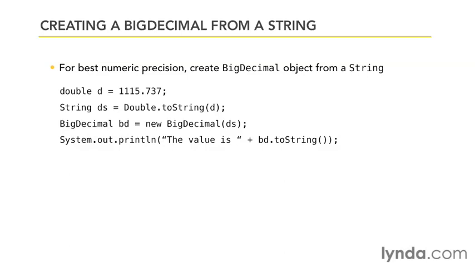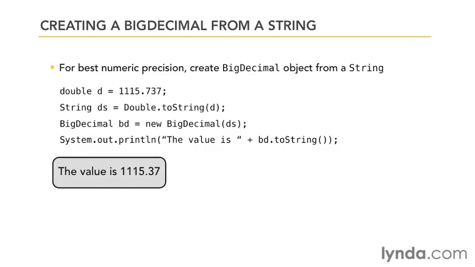This guarantees that any additional decimal values are truncated, and you're only working with the value you want. So the second line of code uses the Double class's toString method and converts to a value called ds, data typed as a string. Now I construct the instance of BigDecimal based on the string, and then output the value, and now I get what I expect.